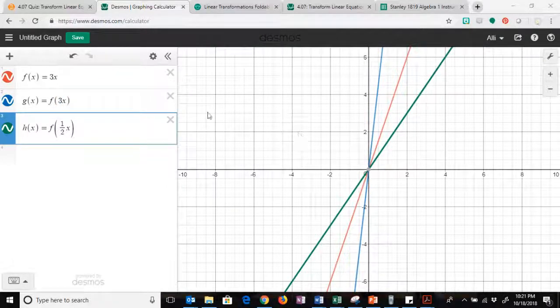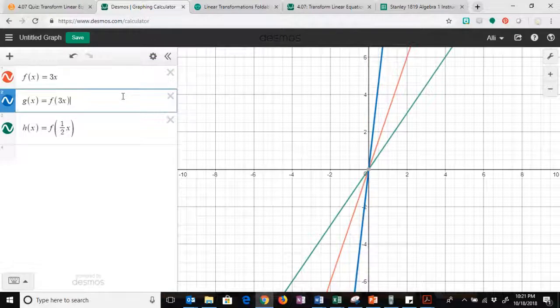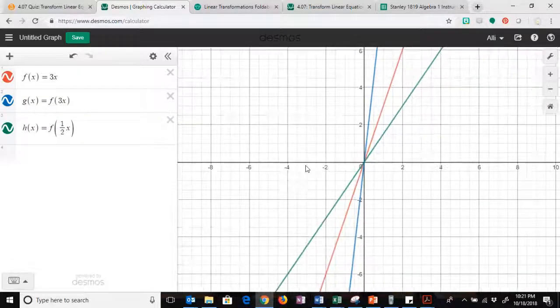All right, so back to this situation here where we have this parent function, f of 3 of x. When I have my horizontal compression here, f of 3 of x, okay, when you think about a horizontal compression, you're compressing from left to right.